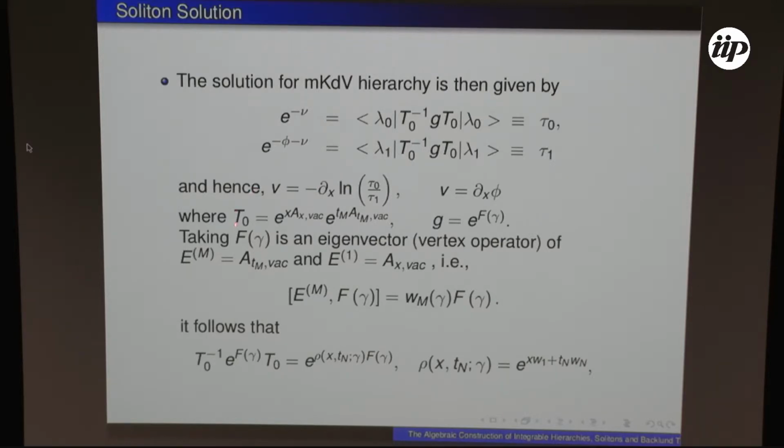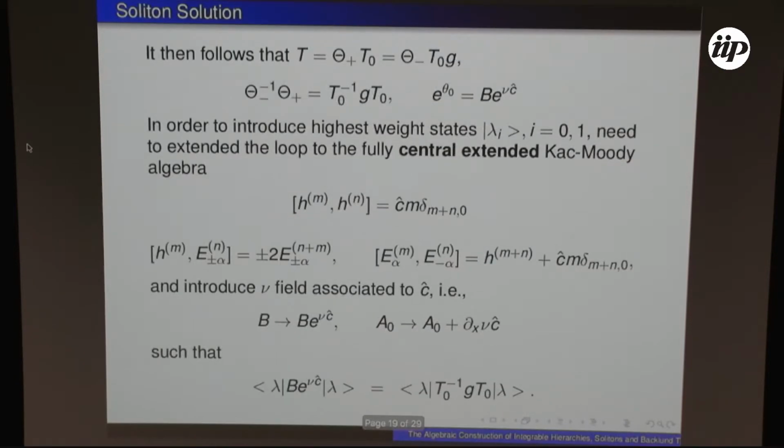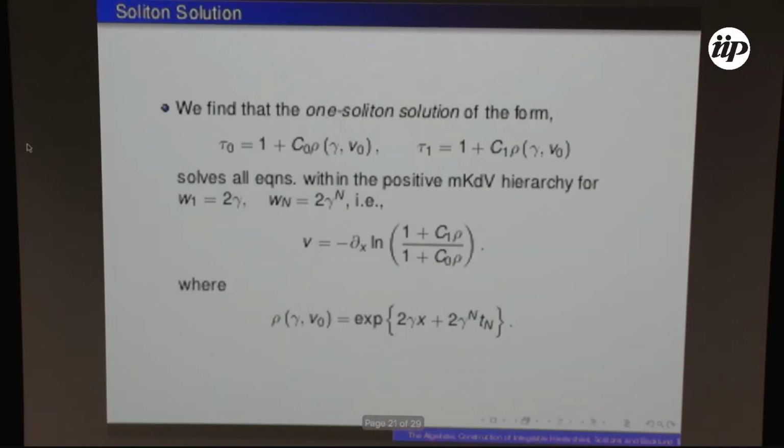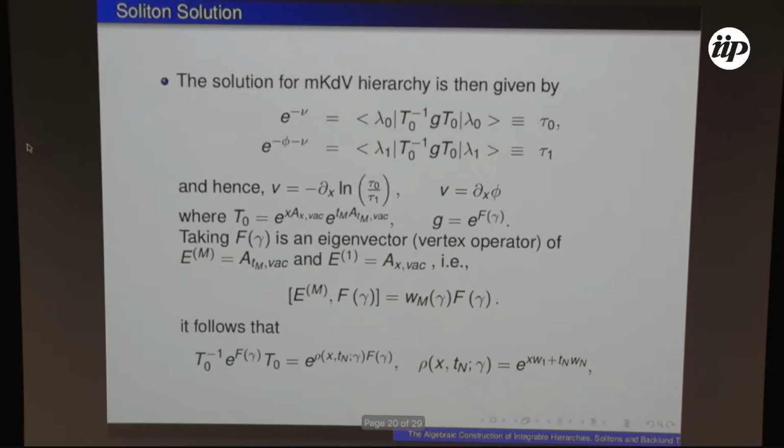And remember that tau 0 had this explicit space-time dependence, and the problem is that you have this G that you don't know. It was a constant, arbitrary until now.